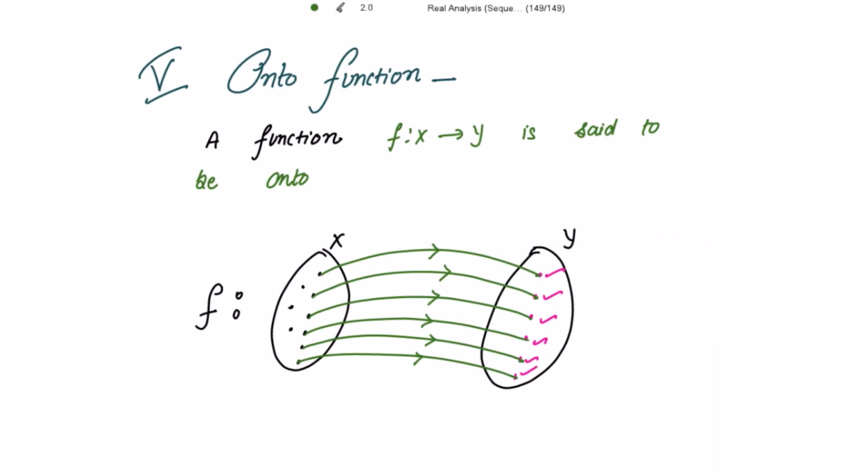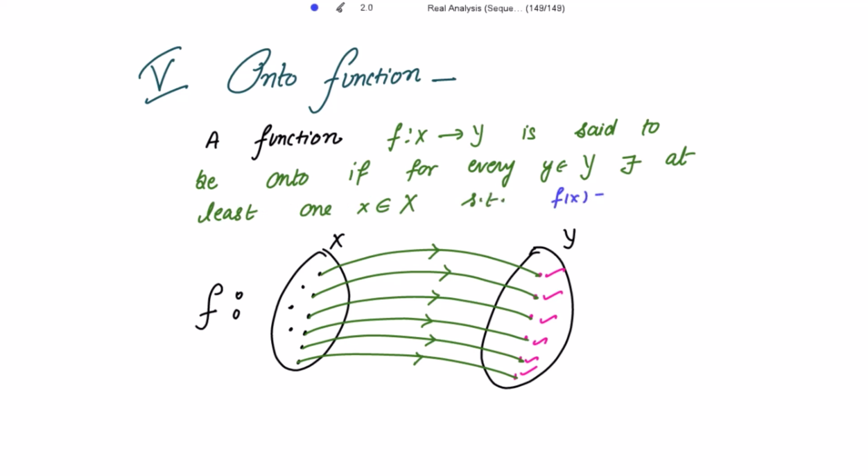So let me write this. A function is said to be onto if for every y belonging to capital Y, there exists, this is the sign for there exists, at least one x belonging to x such that f of x is equal to y, right?